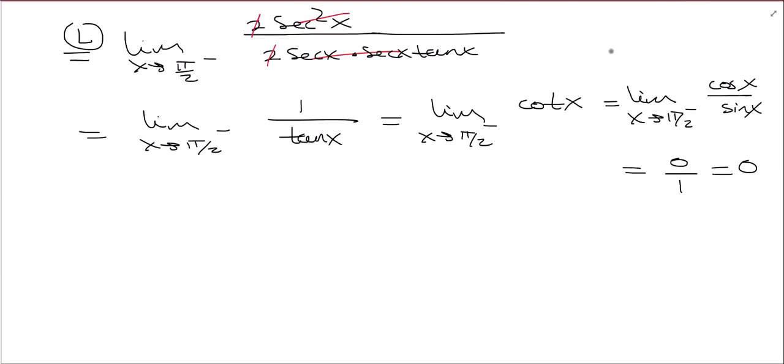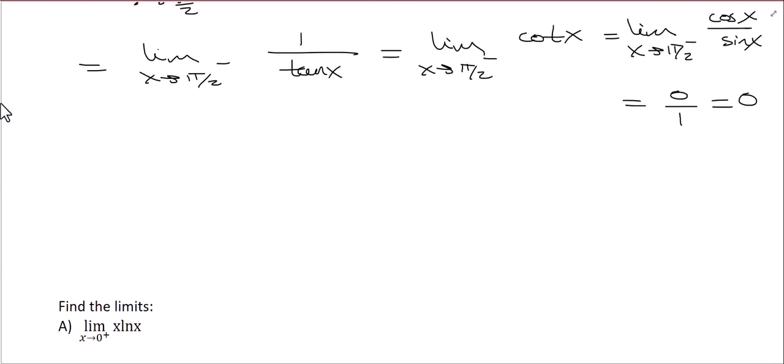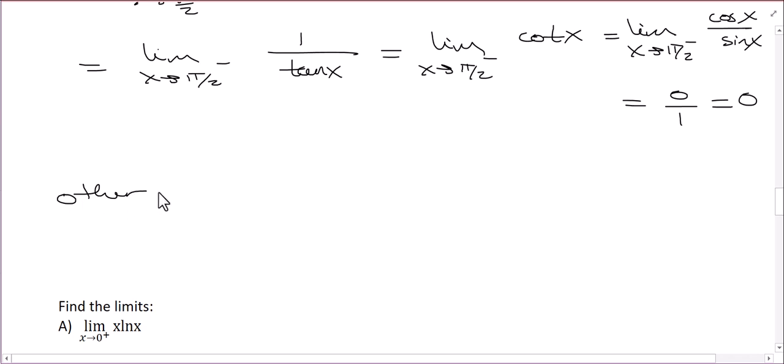Now there are other indeterminate forms of limits. Those are when you have 0 times infinity, or infinity to the 0, or 0 to the infinity, or 0 to the 0.